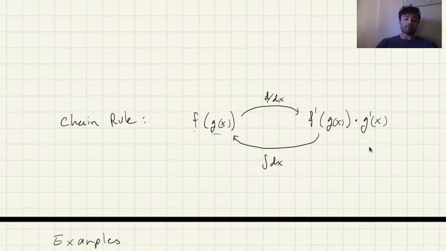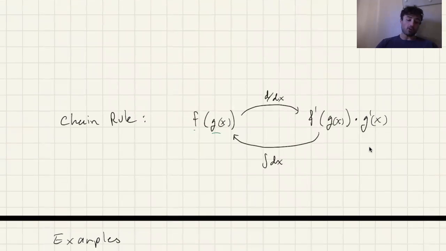Okay, so as a reminder, chain rule: if we begin with a composition, f of g of x, and we take a derivative, we get f prime of g of x times g prime of x.